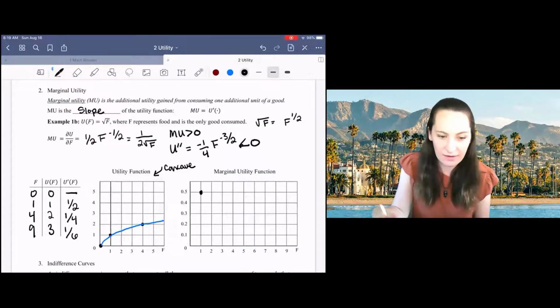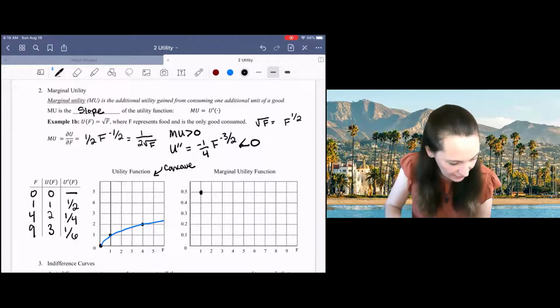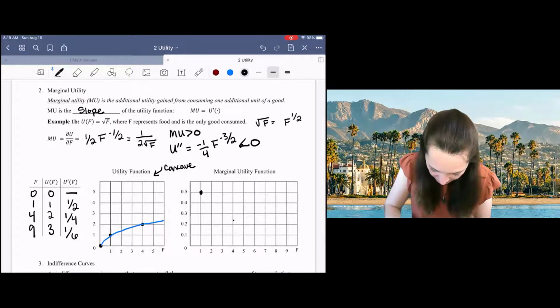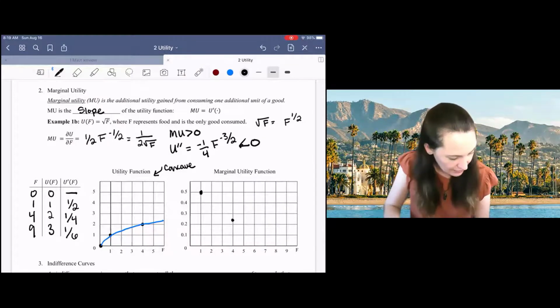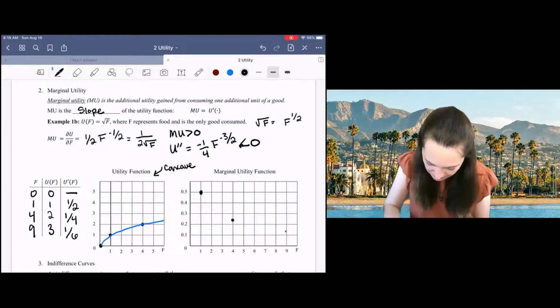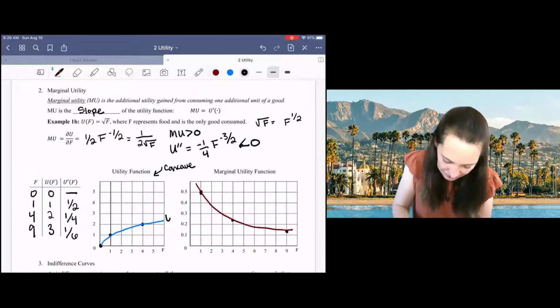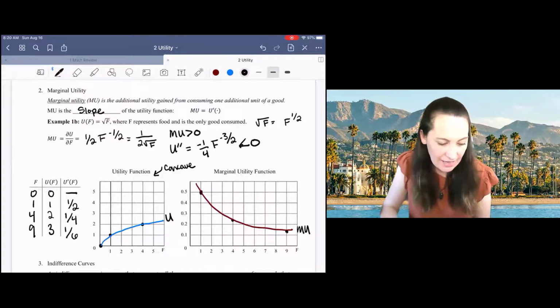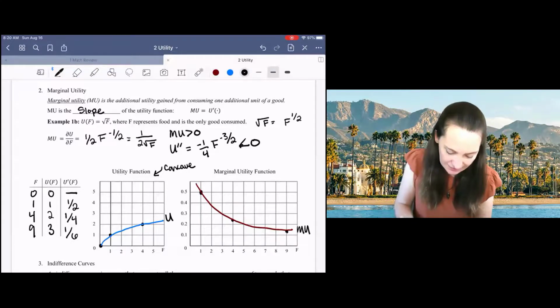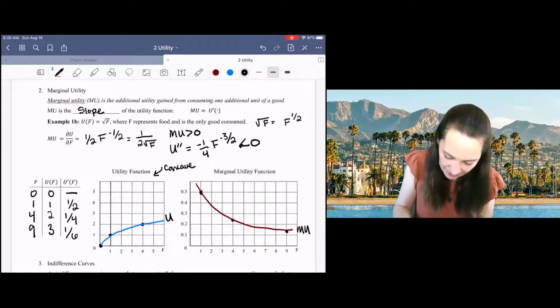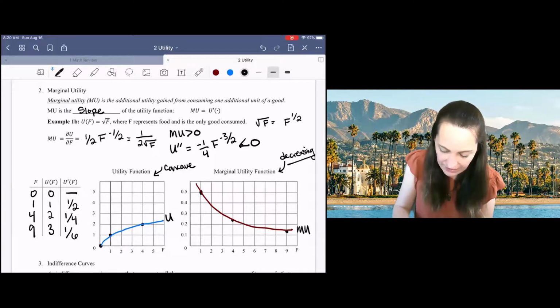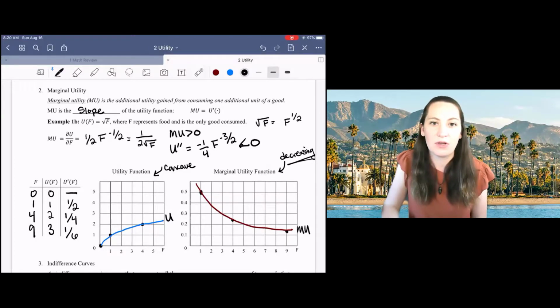It's a decreasing function. So I've got 1/2, 1/4, and then 1/6. So something like this. So utility and marginal utility. And you can see utility is concave, marginal utility is decreasing, just like any well-behaved utility function will exhibit.